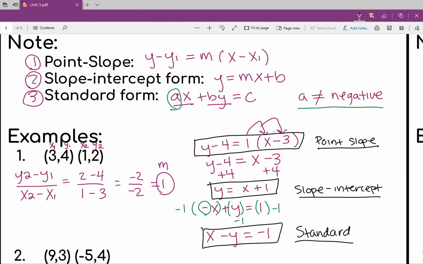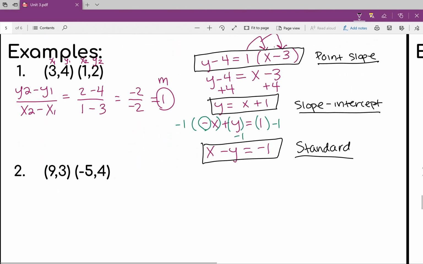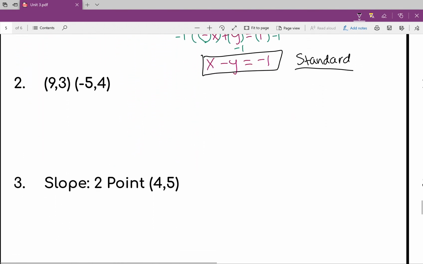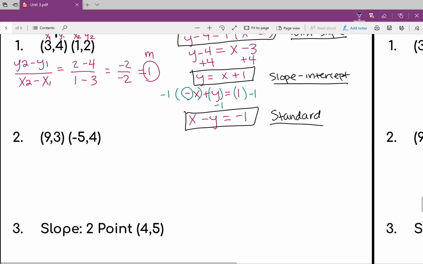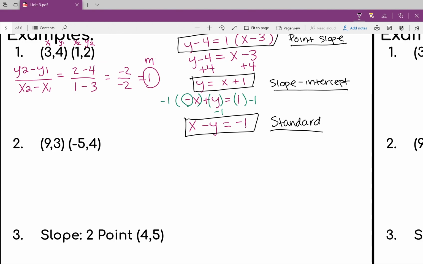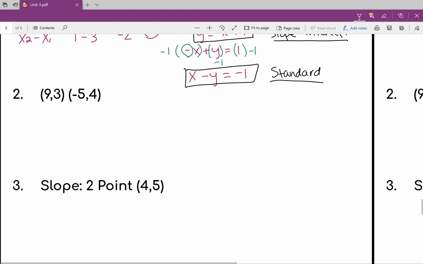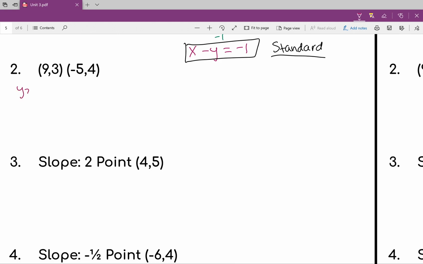Let's look at example 2. Example 2 is going to be very similar, so I want you guys to take a moment and try example 2 on your own. Okay, let's check what you guys got. So remember, our first step is to use the slope formula, y2 minus y1 over x2 minus x1.